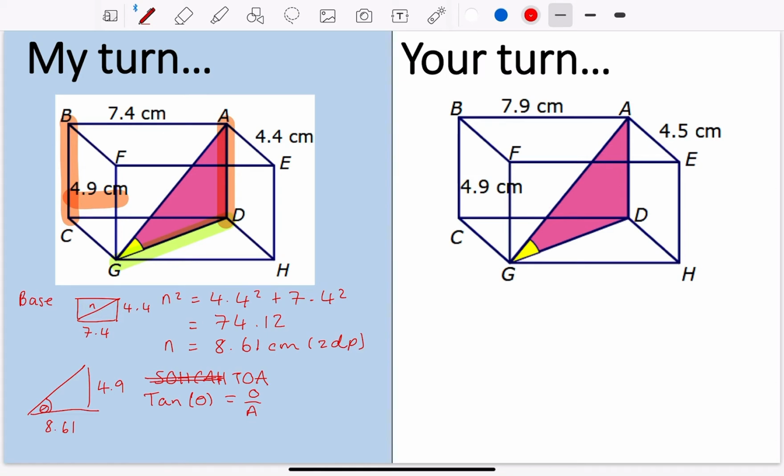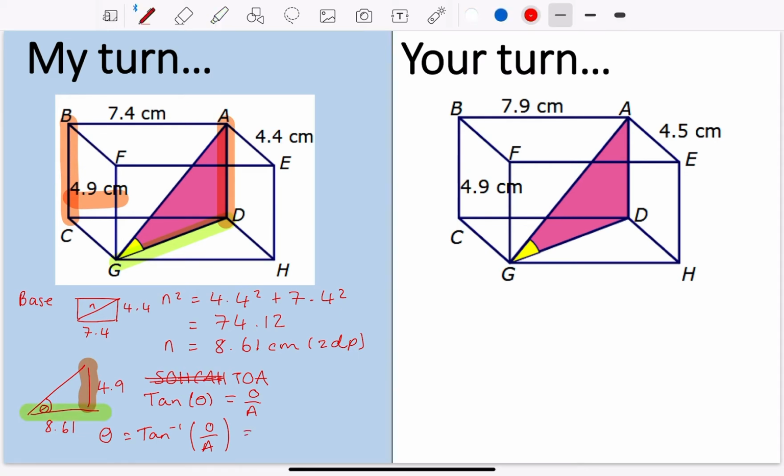So what I'm now going to do is rearrange this slightly to get theta is equal to the inverse tan function of the opposite over the adjacent. Now I go to my triangle, opposite is there, the adjacent is the one that's touching that isn't a hypotenuse, so it would be this one here.